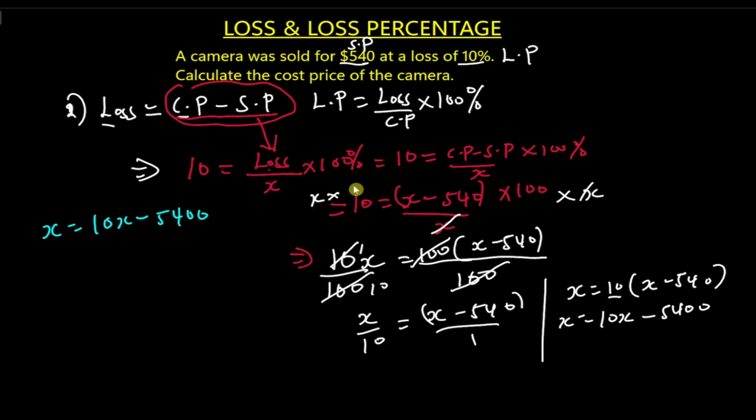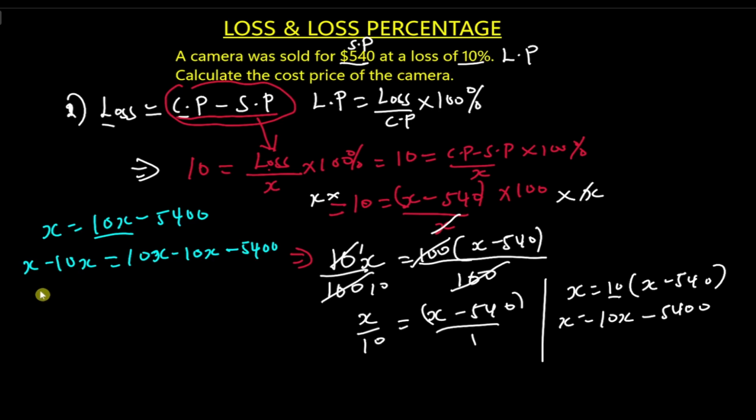Now we want to bring this x and the 10x at one place, so subtract both sides of the equation by 10x. So here you have x minus 10x, which will give you 10x minus 10x minus 5400.